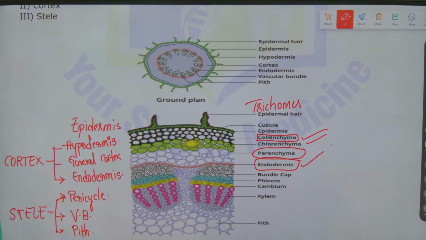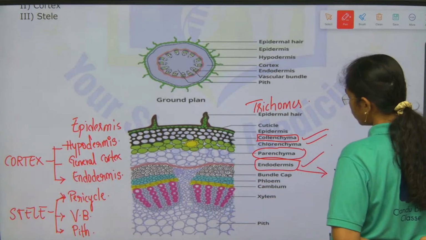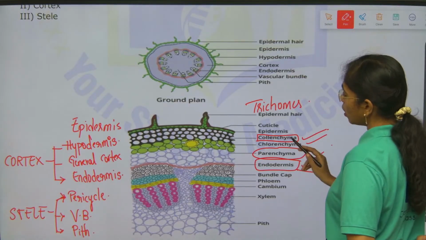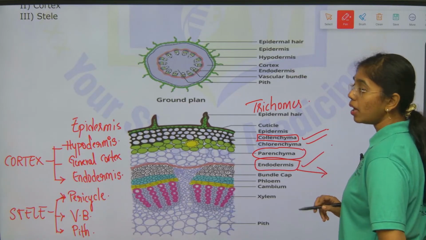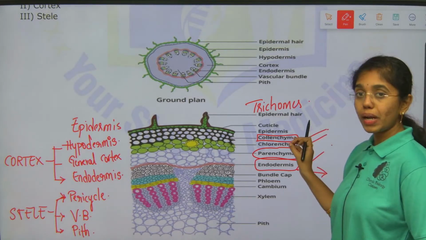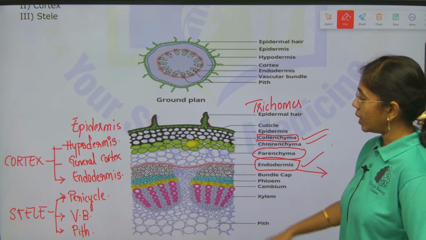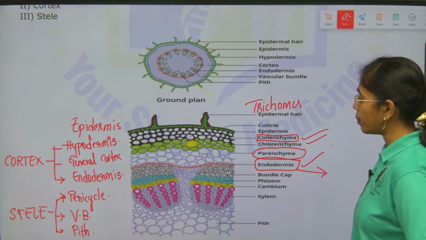Endodermis consists of a starch sheath, you remember, in dicot stem. Hypodermis is made up of collenchyma. If a few cells have chloroplasts and conduct photosynthesis, it is also known as chlorenchyma. Next to that, the general cortex is made up of parenchyma.